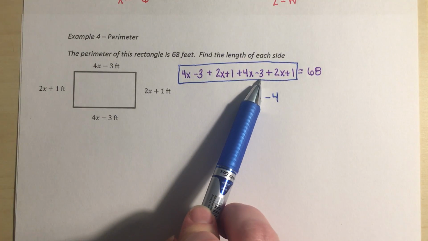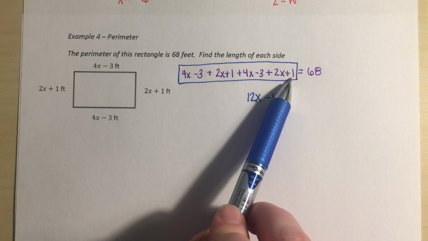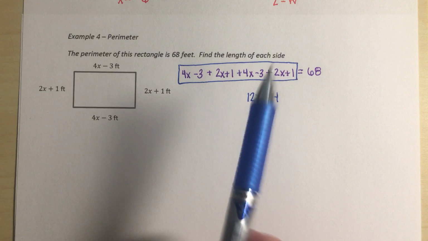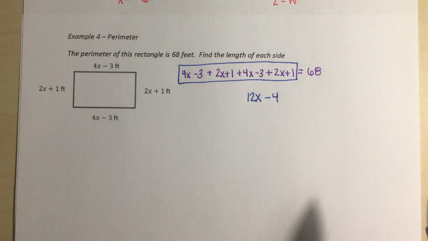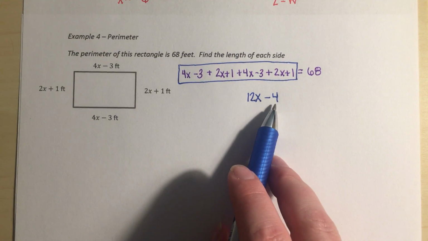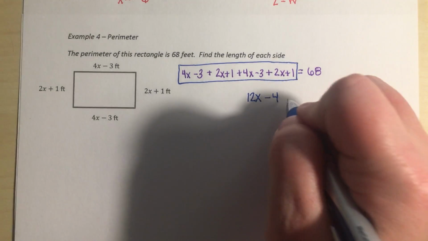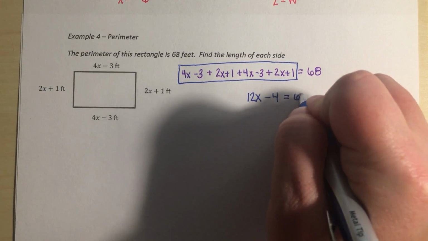Negative 3 and negative 3 is negative 6, and then 1 plus 1 gives us 2, and negative 6 and positive 2 also gives us a negative 4. However we think about it, we're adding all of our x terms together to get our 12x, and we're combining all of our numbers, both positive and negative, to get that negative 4, equal to 68.